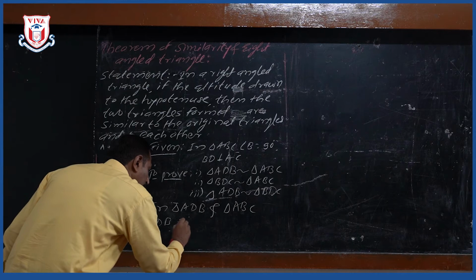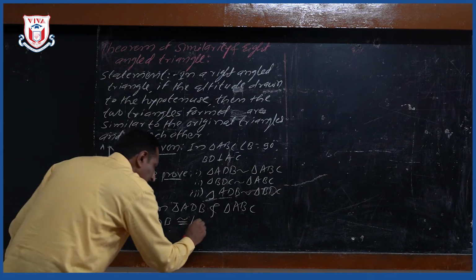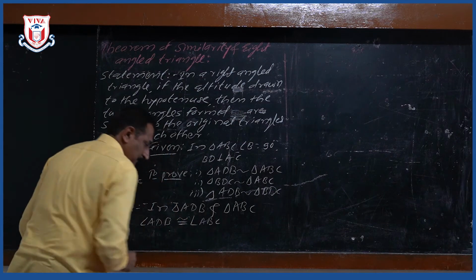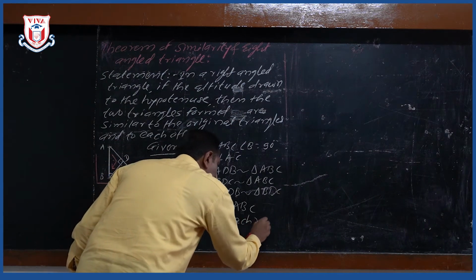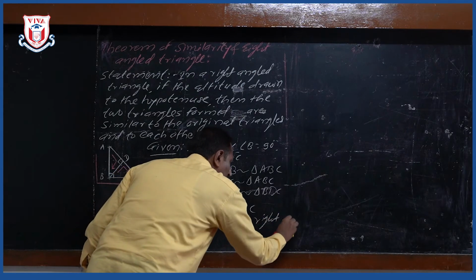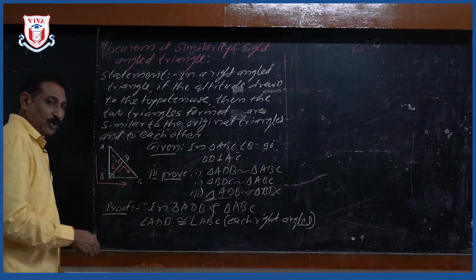This is the symbol of congruent. Angle ABC, each right angle. Okay.